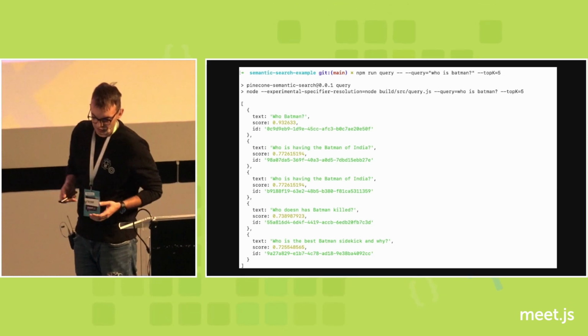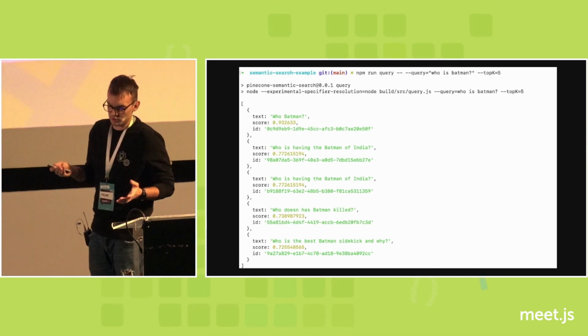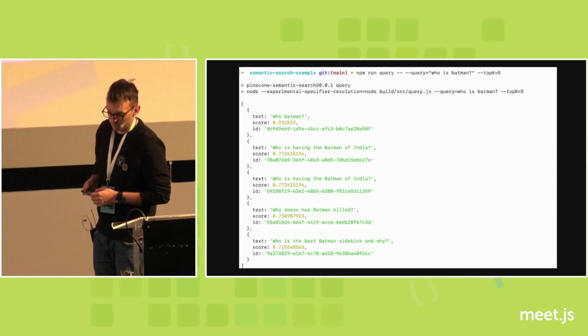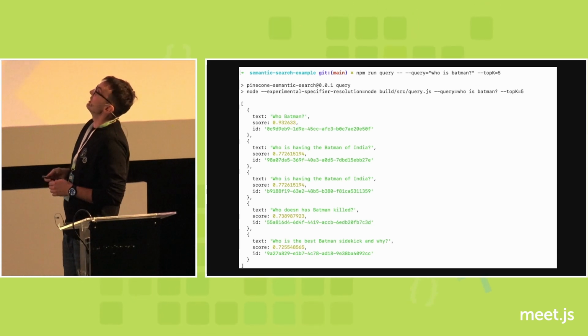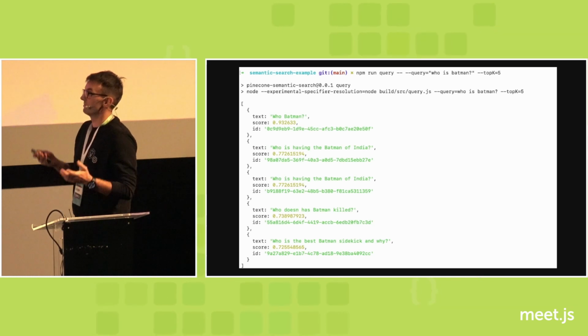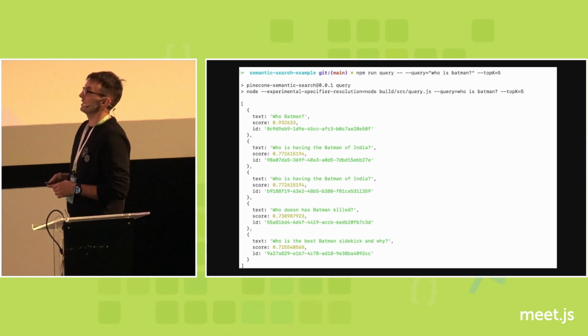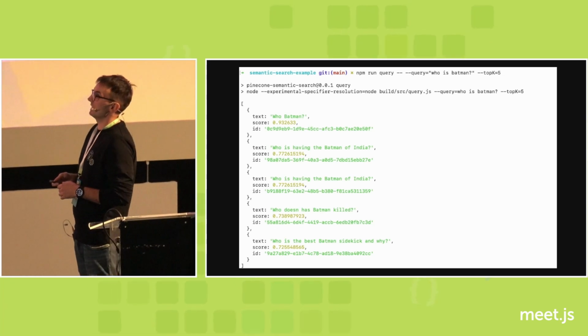The second and the third, I think, are duplicated. Who is having the Batman of India? I don't know what it's called. But as you can see on the fifth, who is the best Batman sidekick and why? So it's finding a strange question that I have stored in the database, but still it returned some results with the score.